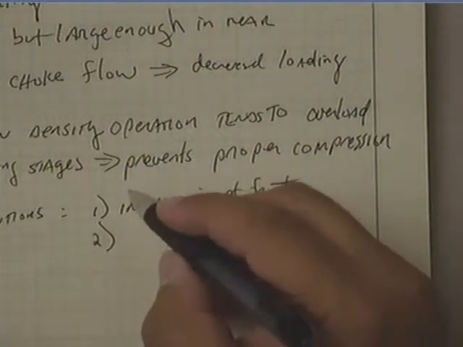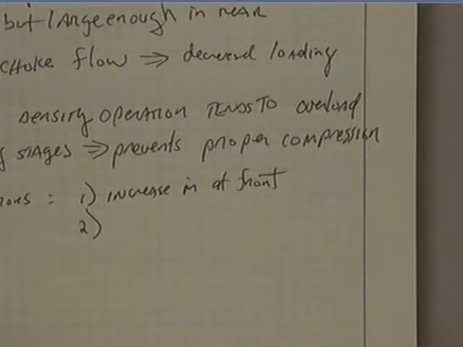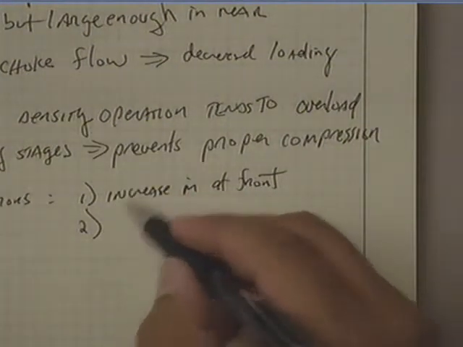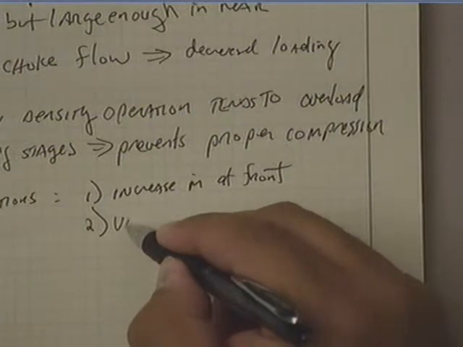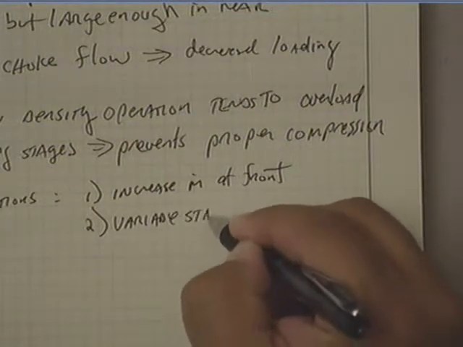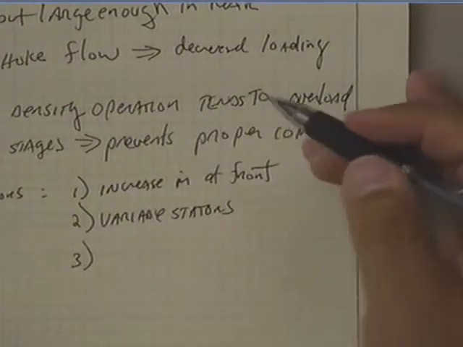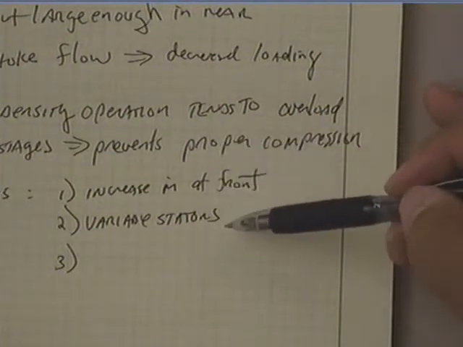You can introduce, and this is what was done to fully solve the problem, the concept of variable stators. We showed a picture of what these things were in an earlier lecture.